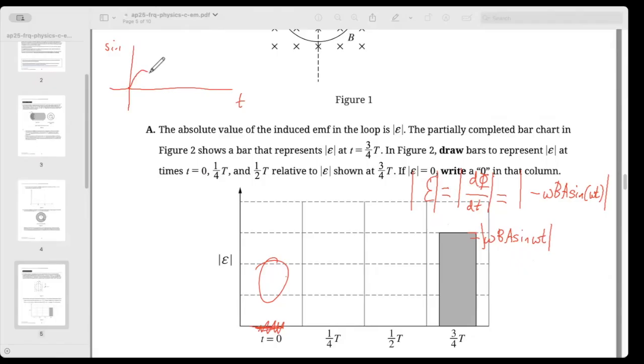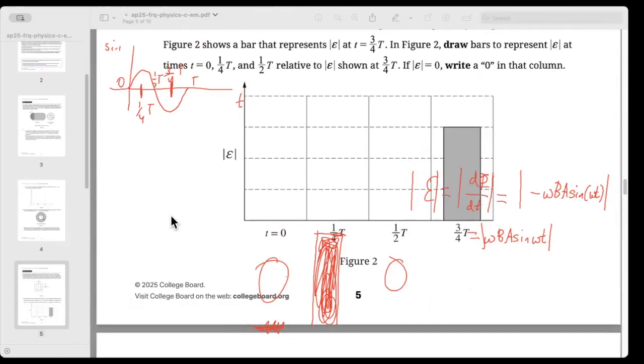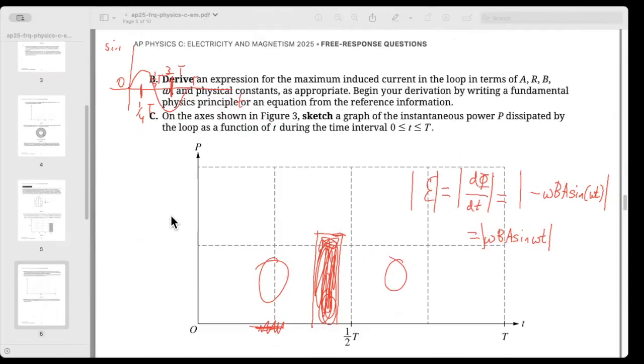You're going to start with 0, and basically what 3/4 t is going to look like, that's going to be this spot right here, which means that 1/4 t should actually just have the same magnitude of voltage, and then half t should have 0. There we go. So I'm just making use of what a sine graph looks like to help me visualize this a little bit better. This is a fourth t, this is 3/4 t, t, and half a t, and then 0. So pretty easy. Okay. Yeah, you didn't really actually need much calculus there.